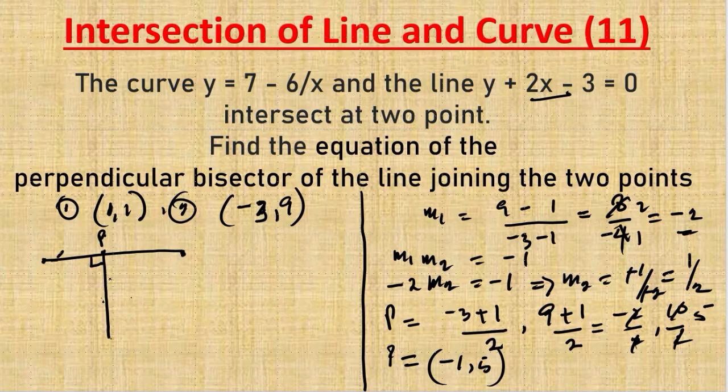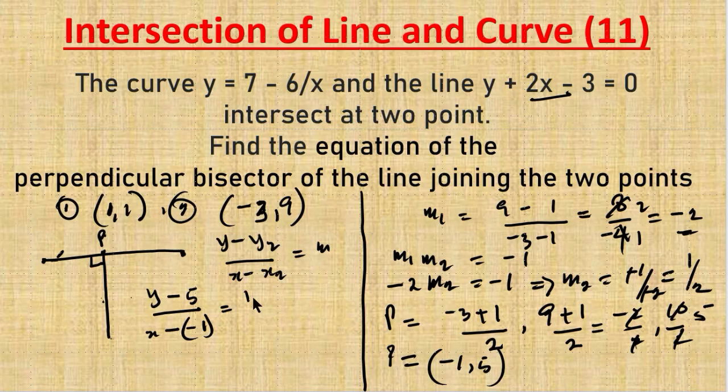Then I can find the equation of this line. Remember that y minus y2 all over x minus x2 equals m. So y minus 5 all over x minus minus 1 equals half. I can rewrite this as y minus 5 all over x plus 1 equals half.